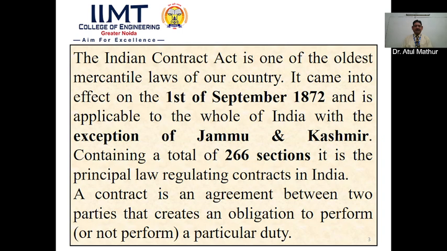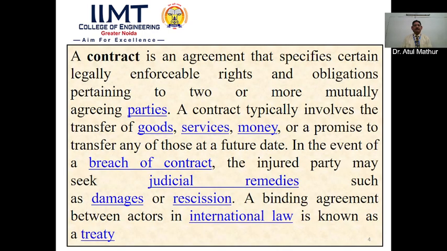A contract is an agreement between two parties that creates an obligation to perform or not to perform a particular duty. A contract is an agreement that specifies certain legally enforceable rights and obligations pertaining to two or more mutually agreeing parties.